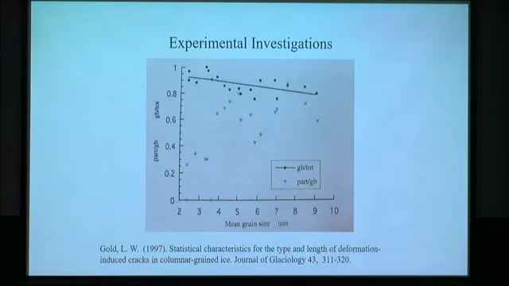We can see that a large proportion of the cracks are located on the grain boundaries, something like 90% or beyond. This slightly reduces with the grain size. But I guess the main characteristic that we can draw from this kind of experiment is that a lot of the cracks nucleated were grain boundary cracks.